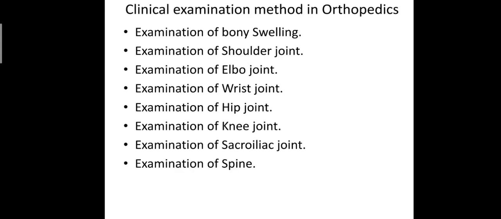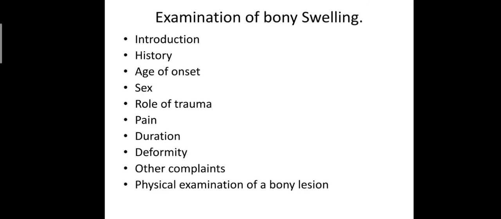So, in proper clinical examination method in orthopedics, we see in series: examination of bony swelling, examination of shoulder joint, elbow joint, wrist joint, hip joint, knee joint, sacroiliac joint, and examination of spine. These are the different segments under clinical examination method of orthopedics.